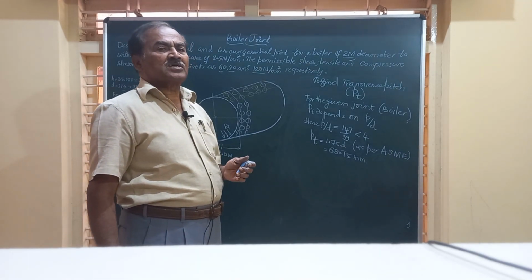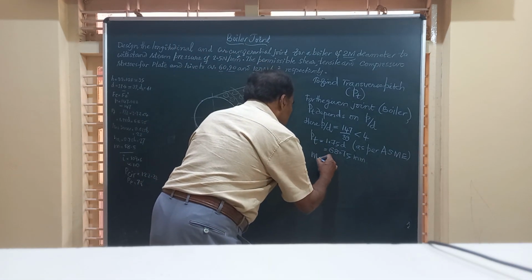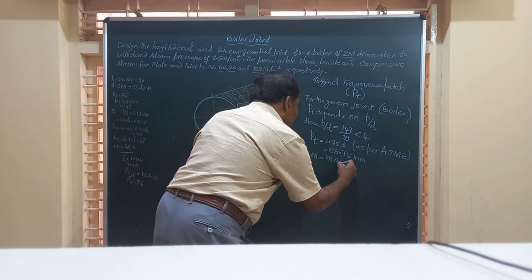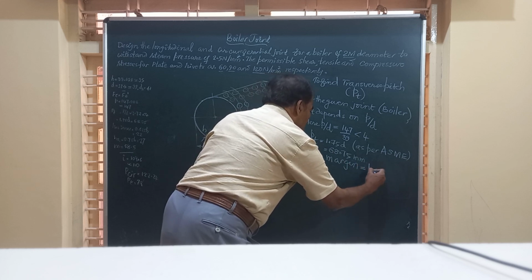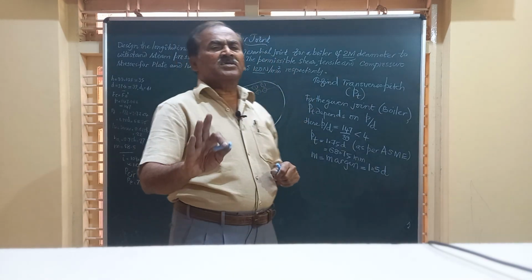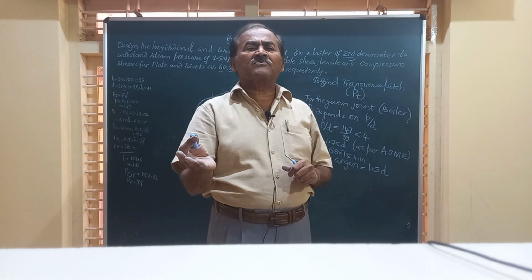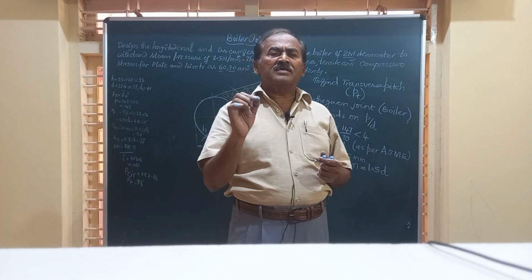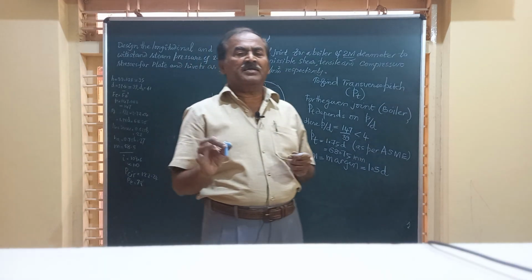So I got the value of P, the longitudinal pitch, and Pt, the transverse pitch, and you will have to find out what is called margin. That's also a very important parameter. M is margin. Friends, if you refer to the machine design data handbook, for all joints, whether it's a butt joint or a lap joint, the value of margin is 1.5D.